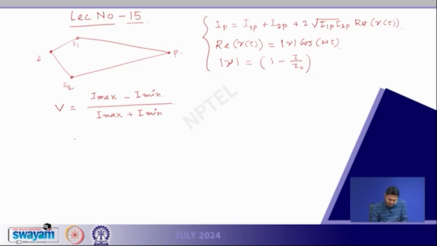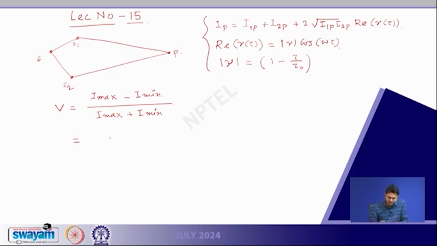So this visibility, if I write it in this form, then from this expression I can write that the maximum minus minimum gives a cos term.